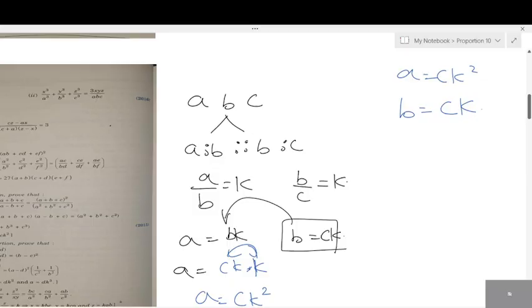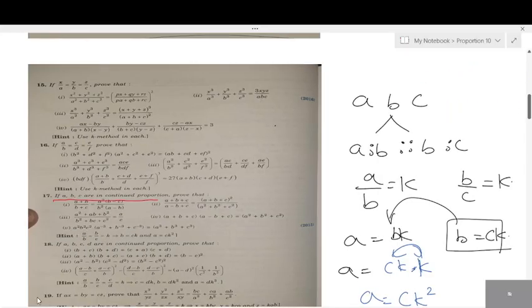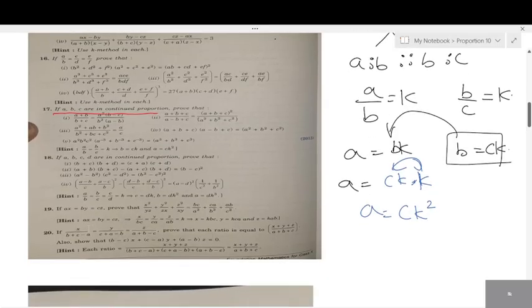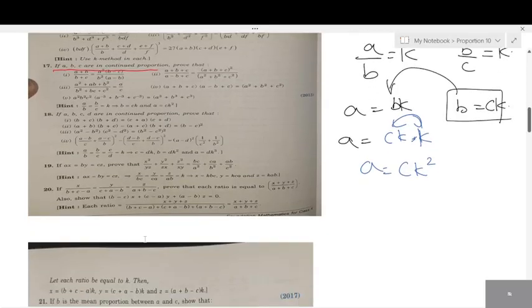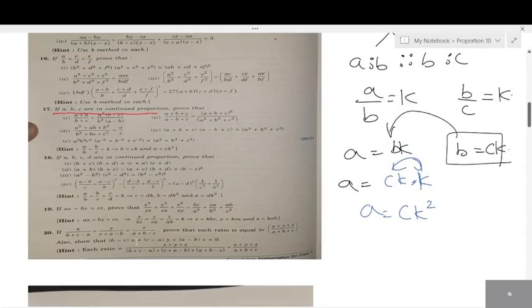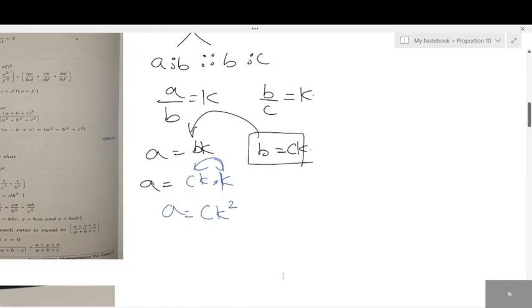The first step, continued proportion. What's the meaning given? Continued proportion. Okay, everything in continuous proportion. Prove that. Okay, 19, 20. If B is the mean proportion, okay, it's 21. 21 as mean proportion. 17, 18, 19. Only one or two questions I'll solve. Yes, first copy this.